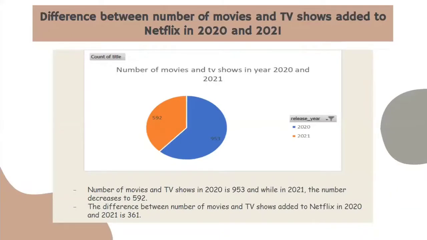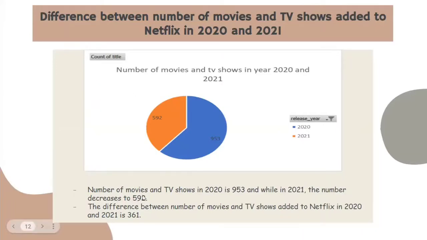First is the difference between the number of movies and TV shows added to Netflix in 2020 and 2021. This is the pie chart that shows the number of movies and TV shows in year 2020 and 2021. The number in 2020 is 953, while in 2021, the number decreases to 592.